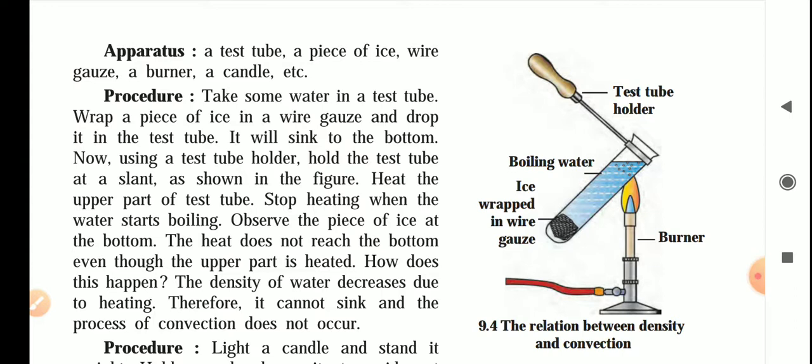So it won't be moving downwards, that is, there won't be any convection currents in this case. The density of water decreases due to heating, therefore it cannot sink, and the process of convection does not occur. In this way, the relation between density and convection is explained through this experiment.